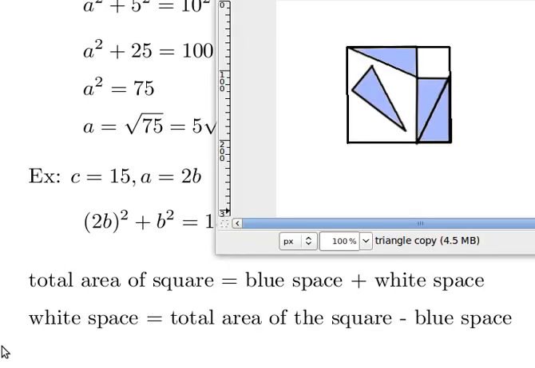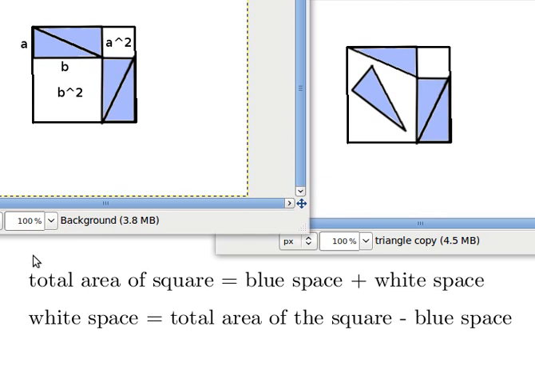Okay, so let's go back to these two images. The total area of the square is the blue space plus the white space. We can see that over here. But that also means that the white space is equal to the total area of the square minus the blue space. And no matter how much we move this stuff around, the blue space is going to stay constant. So let's play around with these and see what happens.